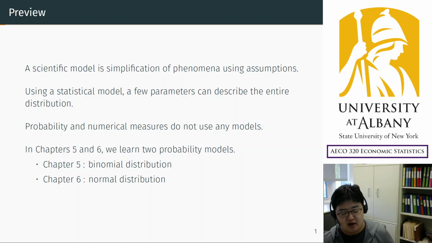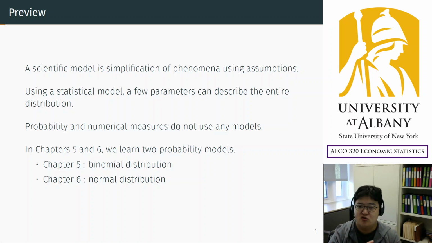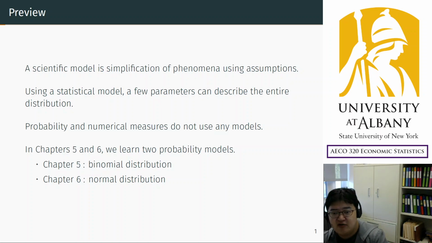As I said, it's a big difference. We are going to use the concepts of probability, mean and variance that we learned in the first four chapters. But the difference is the assumptions.